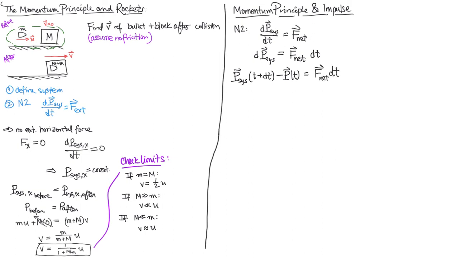I haven't integrated here, but rather I've just expressed a small differential in terms of the difference between the momentum at two different times. And those two different times are adjacent to each other by this amount dt, which is the same dt as on the right-hand side. So if we'd like, we can identify the left-hand side as the system's momenta at two nearby times.